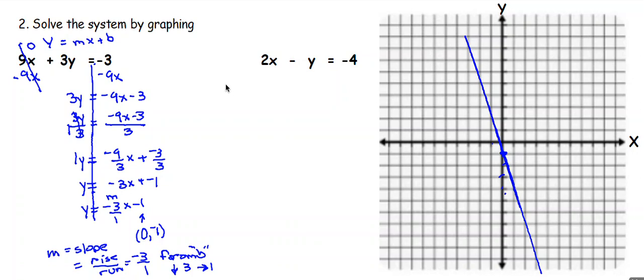Okay, then we do the same thing for this. So again, let's make this a different color, easier to see. Again, we want to rearrange this so y is isolated. So let's subtract 2x from both sides of the equation. Let's draw our boundary line here.